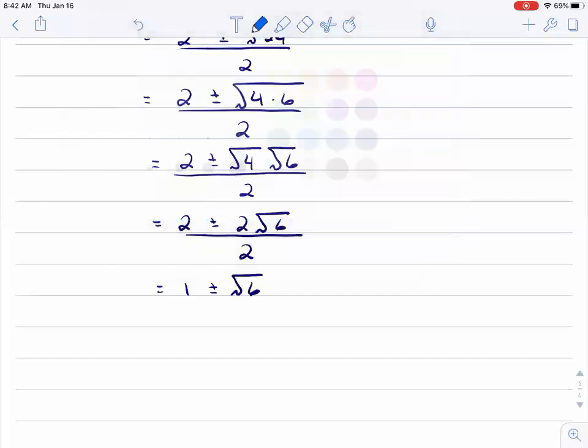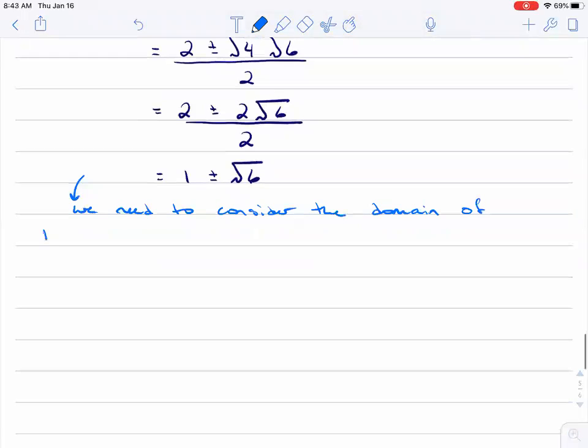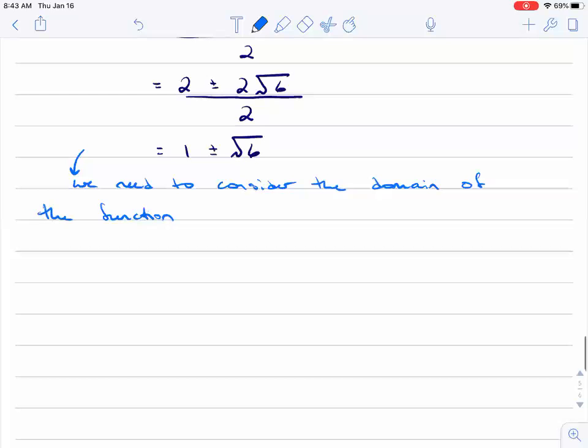So now we need to consider the domain of the function to determine if one or both or none of these solutions are going to work.